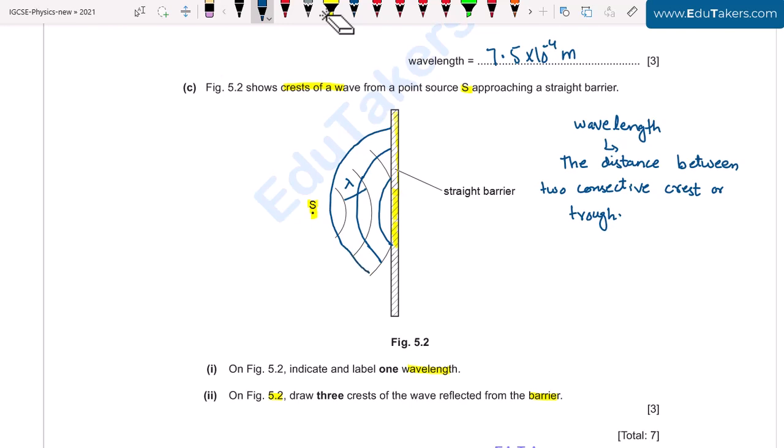And remember that the distance between these will also be equal to the wavelength. So these are the three crests of the wave when reflected from the barrier.